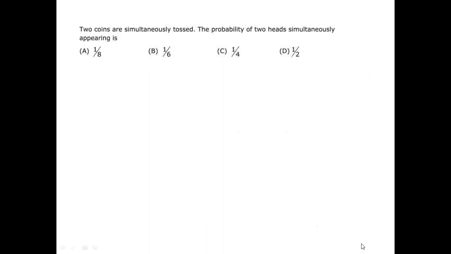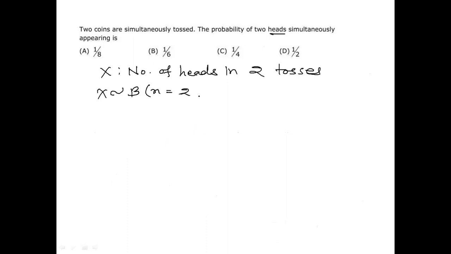As such, problem: two coins are tossed simultaneously, the probability of two heads simultaneously appearing is, so here quickly, X is the number of heads in two tosses of the coin. So X follows binomial with n equal to 2 and p equal to 1/2. Actually, they should specify true or honest or unfair coin, something like that.